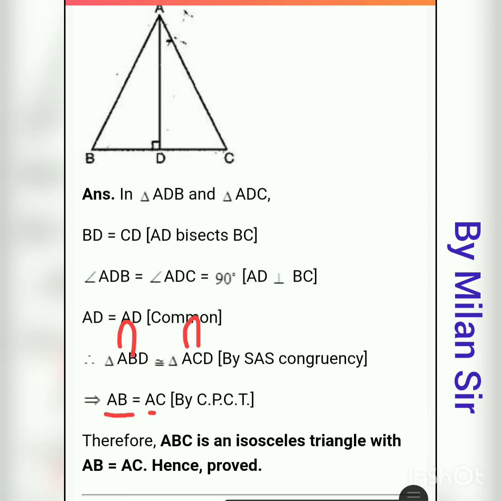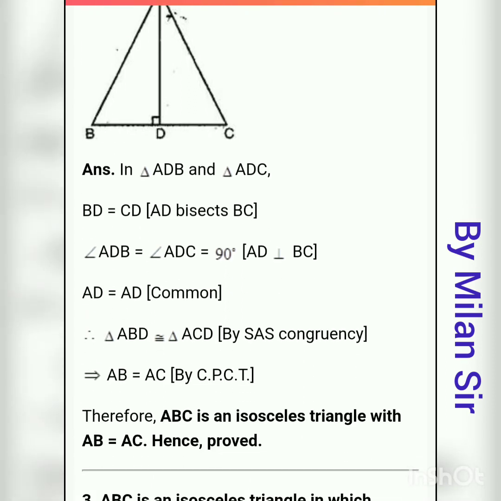So AB is equal to AC, and here the reason is CPCT. These are the things we need to prove. Therefore, at last, ABC is an isosceles triangle with AB equal to AC, hence proved.